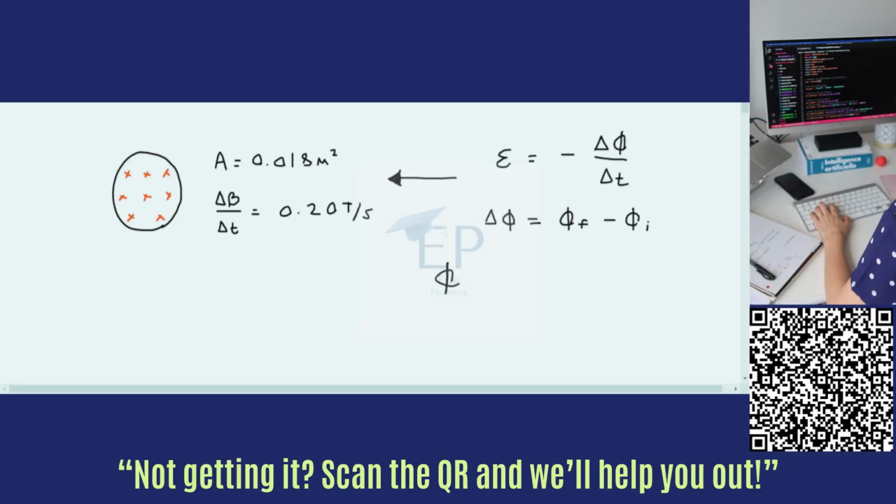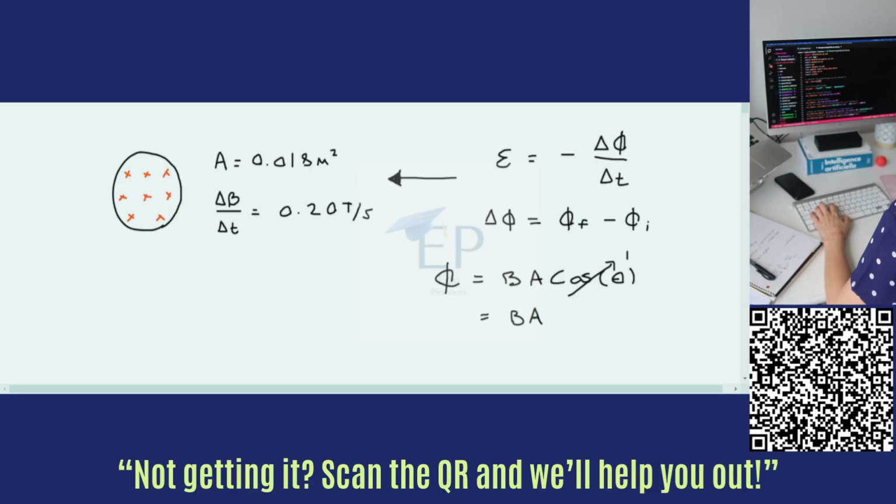Now, in general, our expression for the flux is just B times A times the cosine of the angle between our magnetic field and the surface normal of our loop. Since during this whole problem that angle is 0 because those two things are parallel, the cosine of 0 is just 1, and really the flux is just B times A for the whole problem.